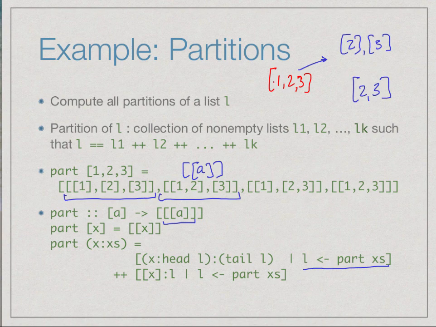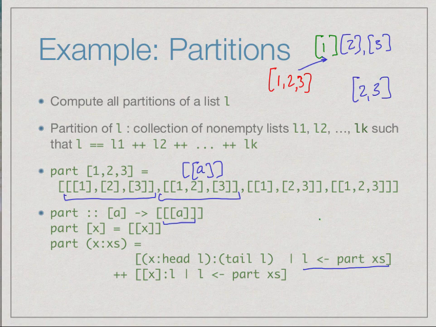Now, how can I partition the whole list? Well, one way is to put 1 along with this as a new partition. And the other way is to attach this to each of the partitions. So if I take each partition here, then I can attach X to the first partition, or I can put it separately.